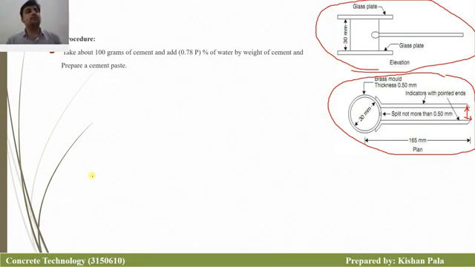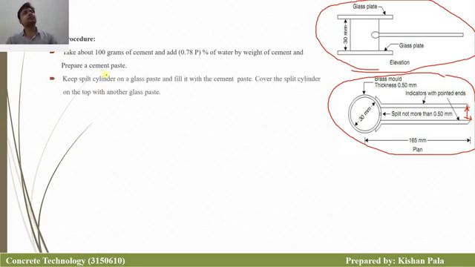For example, if you have 26% consistency of the cement, you have to take 0.78 into 26. If you have 25% consistency, you have to take 0.78 into 25% of the water by the weight of cement and prepare the cement paste.